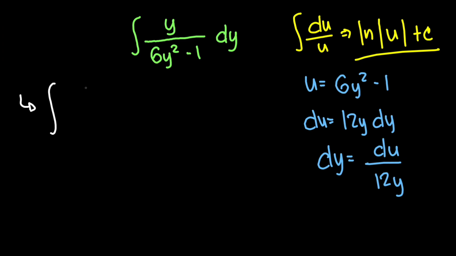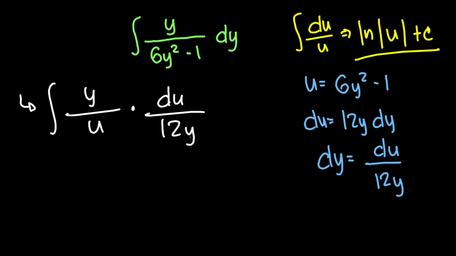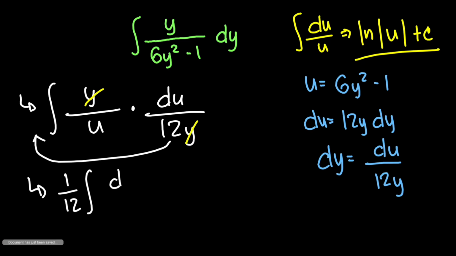This would be y over u multiplied by dy, which is equal to du over 12y. The y's cancel each other out, and put 12 outside the integral. Since 12 is in the denominator, this would be 1 over 12 multiplied by the integral of du over u.